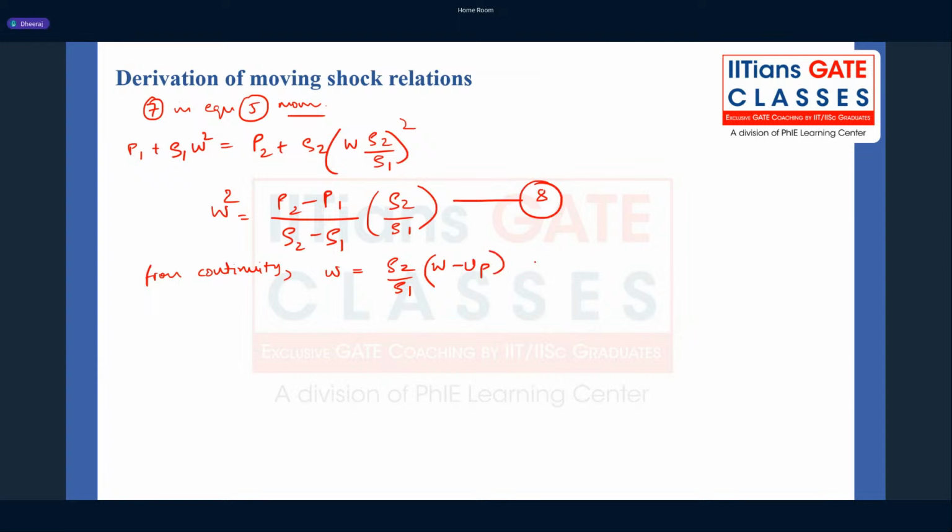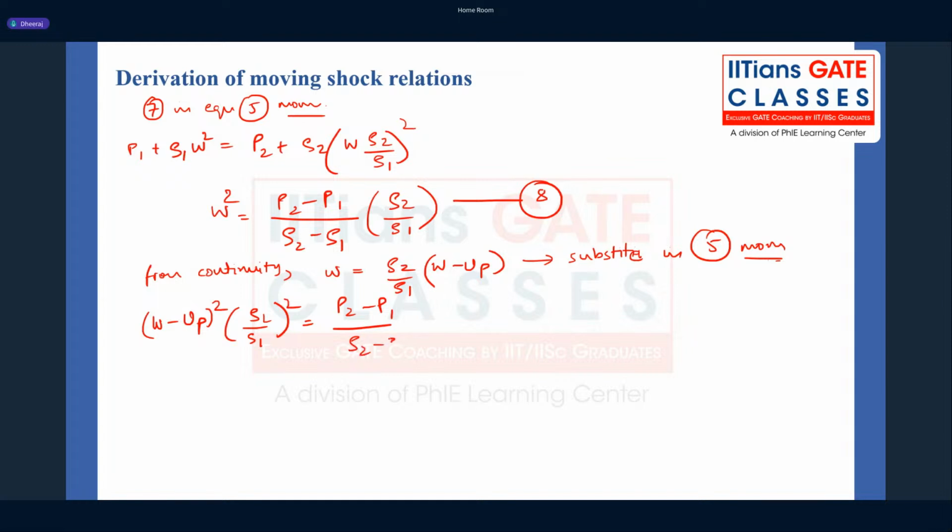So now again I'll substitute this into my momentum equation. Again, my equation will be of the form w minus up whole square into rho2 by rho1 whole square equals p2 minus p1 by rho2 minus rho1.